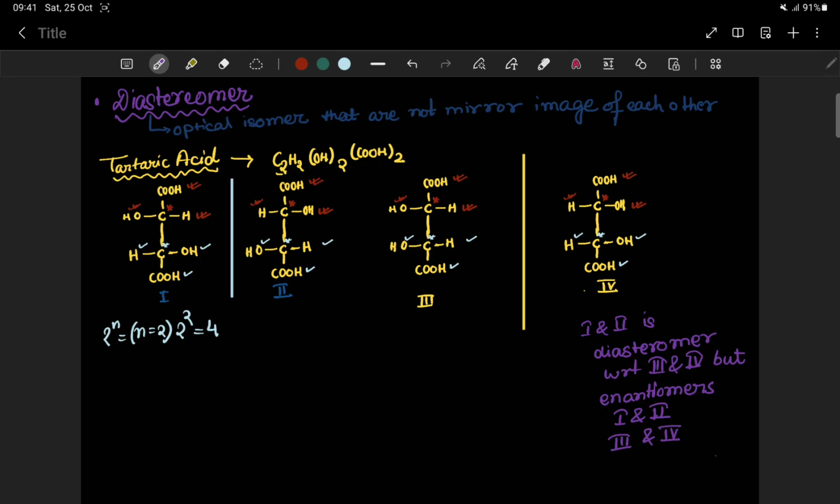Fine. These are enantiomers and diastereomers. They all are diastereomers to each other. So which are optically active and which are not optically active? I will go for this discussion.